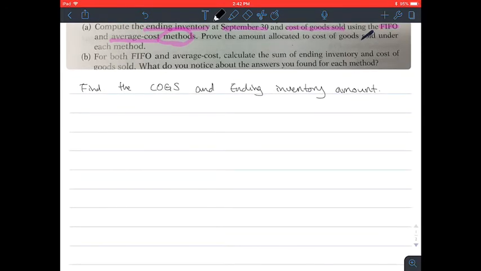Okay, so there are two inventory costing methods here, perpetual and periodic.